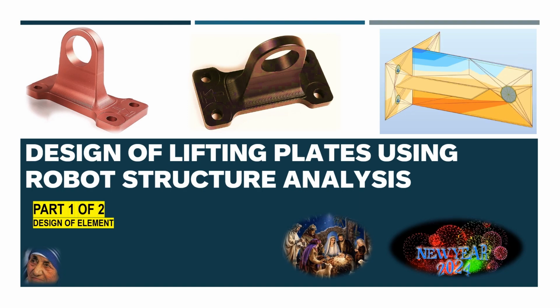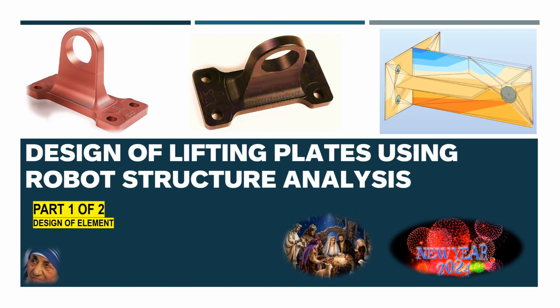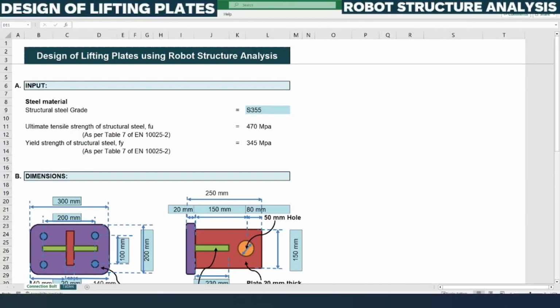So let me go into detail about this design of the element in Robot Structural Analysis. Before doing the model, load application and analysis in Robot Structural Analysis, we need to prepare an Excel calculation sheet, which is a ready reference for the model and load calculation.